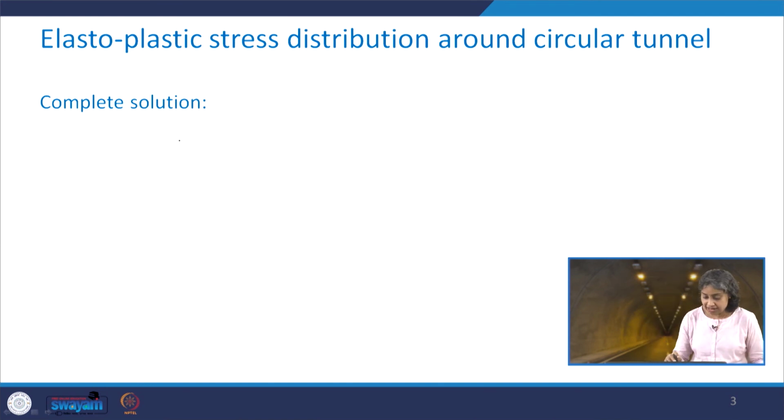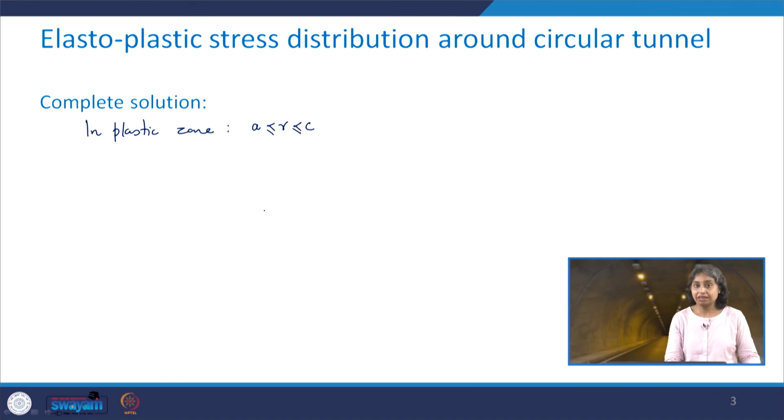So, we had here the complete solution in the plastic zone. This means that the radius is varying between A and C, where A is the radius of the circular tunnel and C is the radius of the elastoplastic boundary.